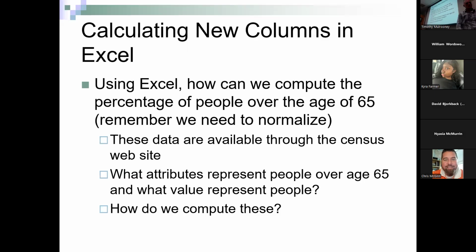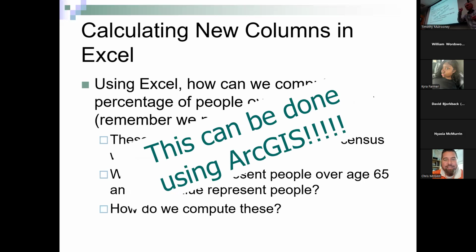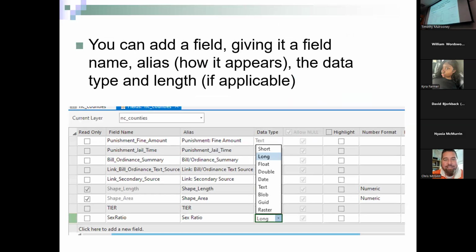So we can compute these as well. And we can do this in Excel by just putting that little equal to sign. And if you've taken my geostats class, you put an equal to sign in a column, you can start making formulas. You can get good formulas, bad formulas, junk formulas, whatever you want. So we can do the same thing in ArcGIS Pro.